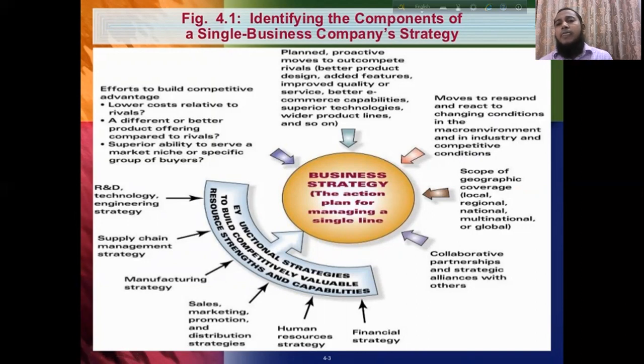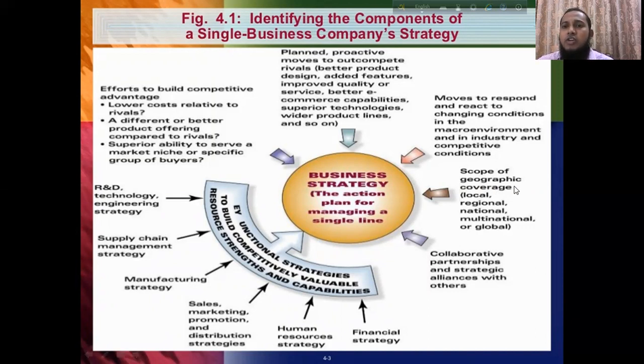Sometimes the real scenario is totally different than the expectation. In that situation, the single business company needs to adapt to the situation. They need to follow a differentiation strategy. The single business company can follow outsourcing strategy, harvesting strategy, first mover strategy, late mover strategy, by which they can easily respond and react to the adverse situation.